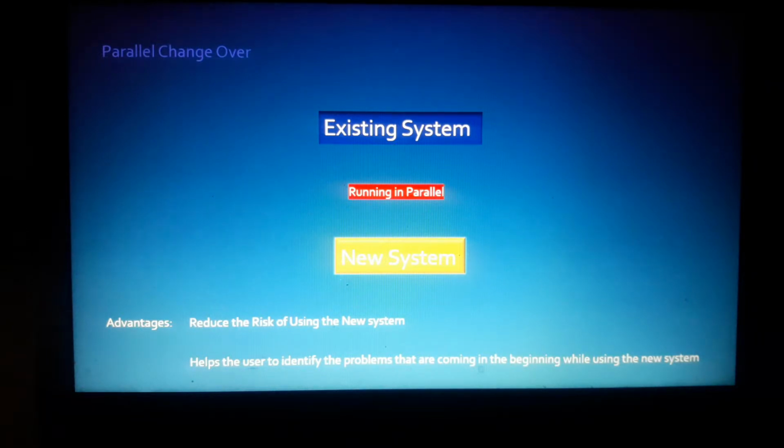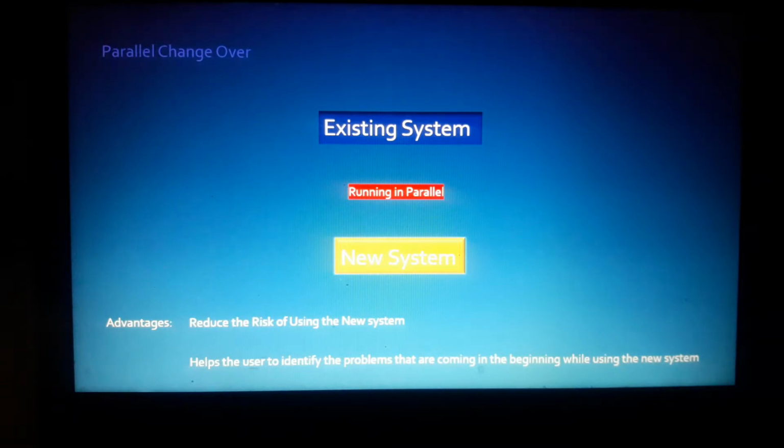Here in the parallel changeover, as soon as you get the confidence in the new system, you will slowly remove the older system. That means, when you are comfortable with the new system, the older system will be discontinued.